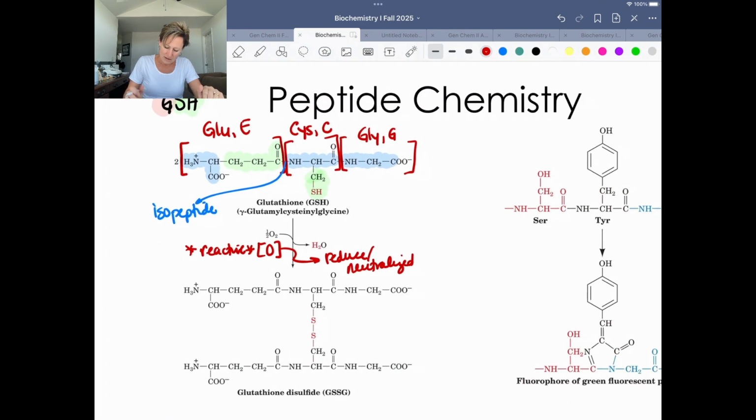So what fundamentally happens is we link two of those glutathiones together to form that disulfide linkage. So again, we've got this disulfide linkage. So maybe I'll still use green here to indicate those are the side chains that are connecting together with this disulfide linkage. So we've got this thiol that was reduced, and then we form a disulfide, which is oxidized.